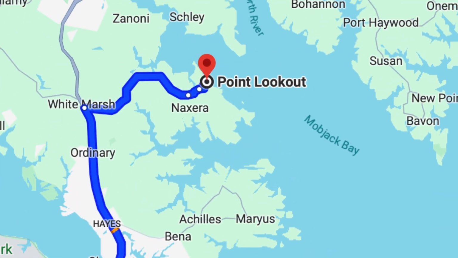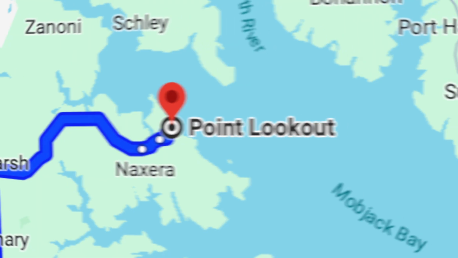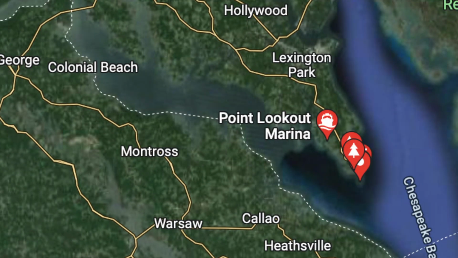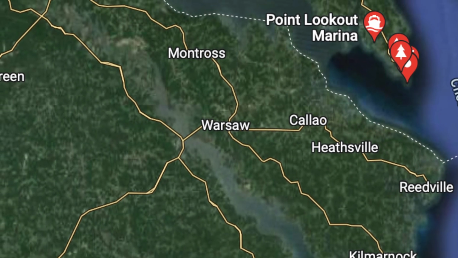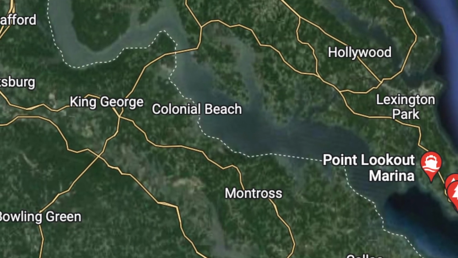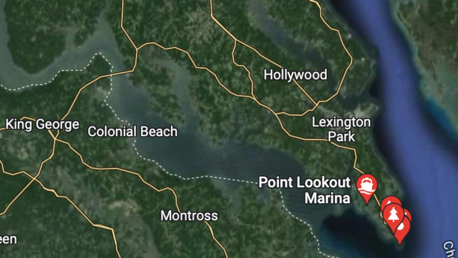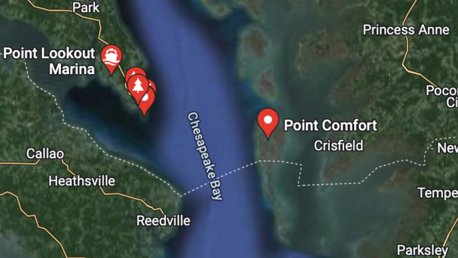And in fact, this is actually pretty confusing because I'm not exactly sure which Point Lookout and which Point Comfort are actually mentioned here. In that area of Virginia, you have Point Lookout, but then you also have a Point Lookout colloquial area on maps, which is south of the regular Point Lookout. There's Point Lookout Creek, which is nearby to Point Lookout, the actual tip of the peninsula, which is further north.